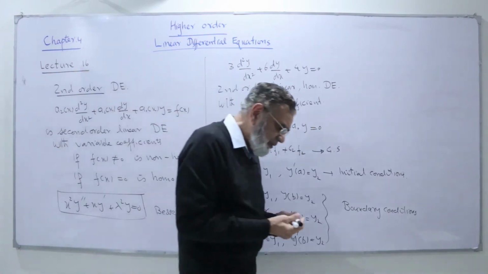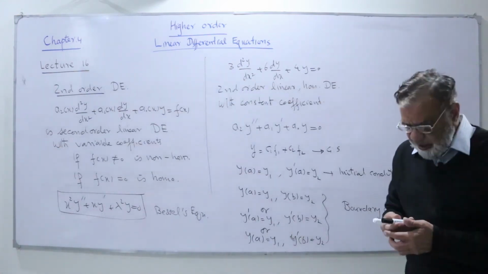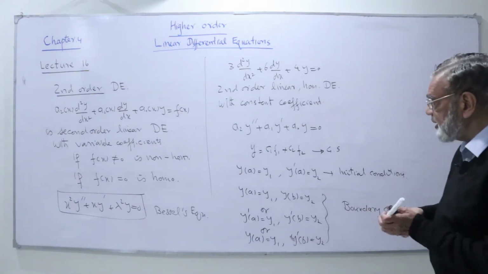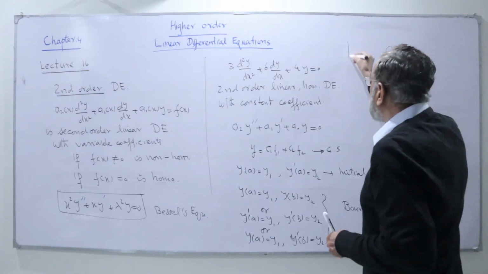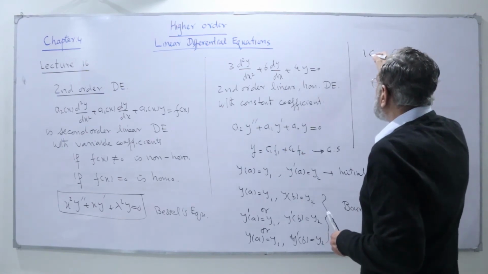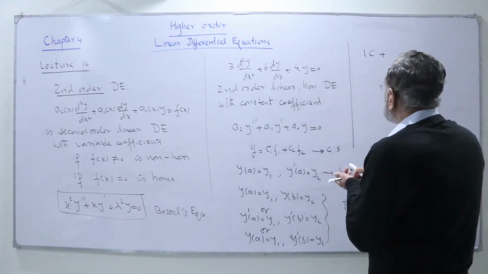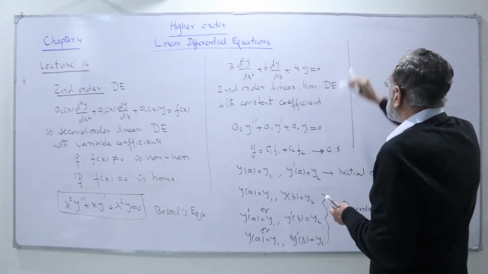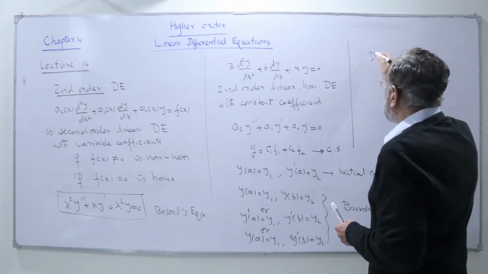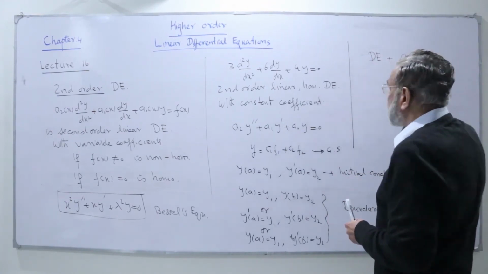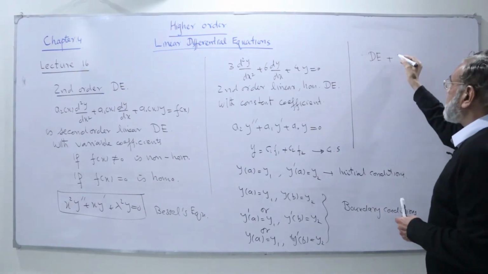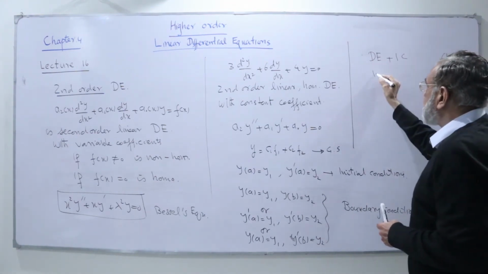Now we have two classes of problems. One class is where we have the differential equation and the initial conditions to get the complete solution. We call it an initial value problem.